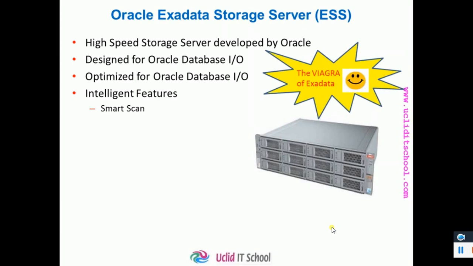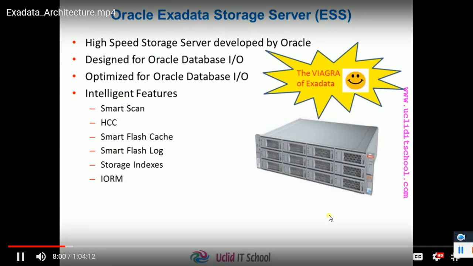Exadata storage server has a feature called Smart Scan, a feature called Hybrid Columnar Compression, HCC, a feature called Smart Flash Cache, a feature called Smart Flash Log, and storage indexes, and IORM, I/O Resource Management.